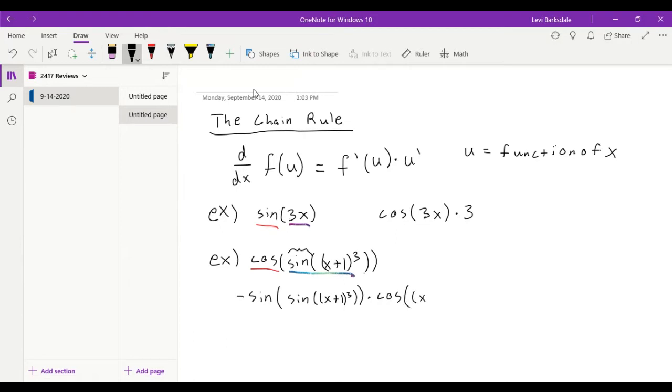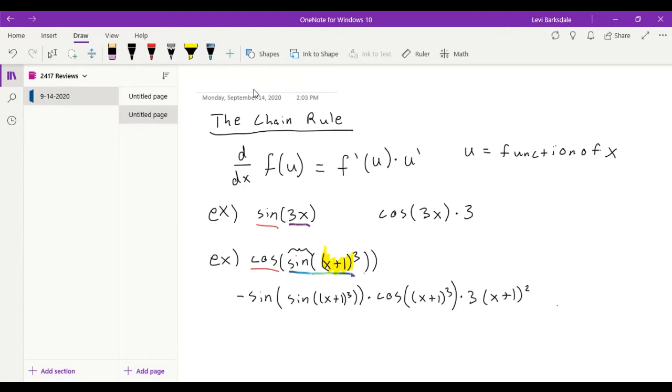Leave the inside the same, x plus 1 cubed, times, now we have to take the derivative of this inside part again. And then the derivative of x plus 1 cubed is going to be 3 times x plus 1 squared. Lastly, times the derivative of this inside part, which is just the derivative of x plus 1, which is 1.